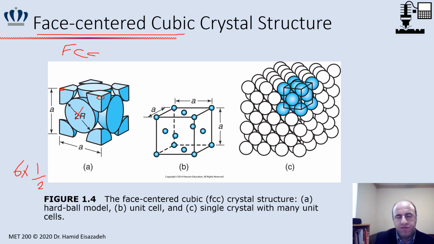The other half is shared with the other unit cell. Plus, we have 8 corners, and at each corner we have 1/8. So that gives us 4 atoms assigned to this unit cell. So as you can see, the number of atoms in this unit cell is more than the previous BCC.